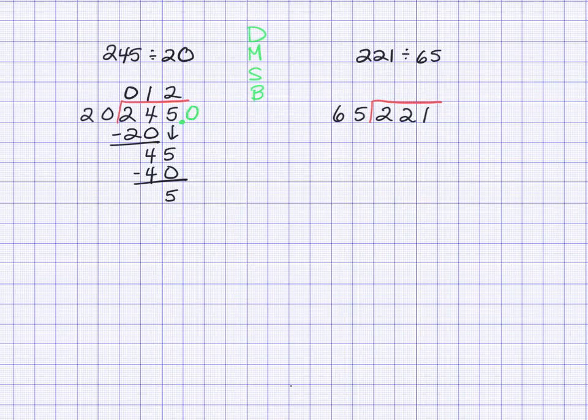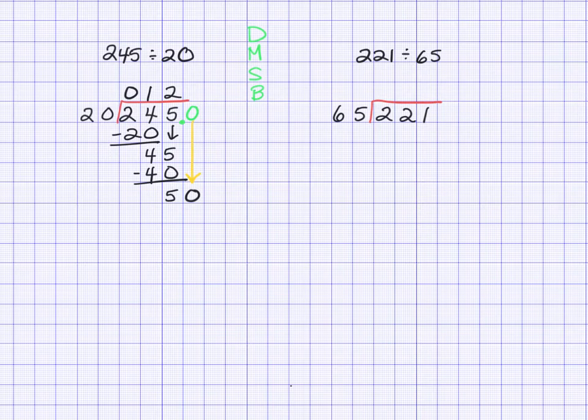So I want you to think about that. Did I change 245 in any way as far as the value? No, I did not. 245 is still 245. It doesn't matter if we call it 245.0. I didn't change the value. But what I did do is I gave myself something to now be able to bring down. So I have a 0 that I can bring down, and that means I can continue my division problem.